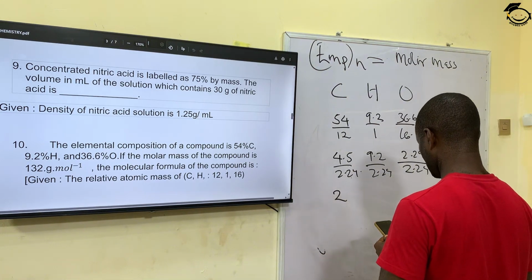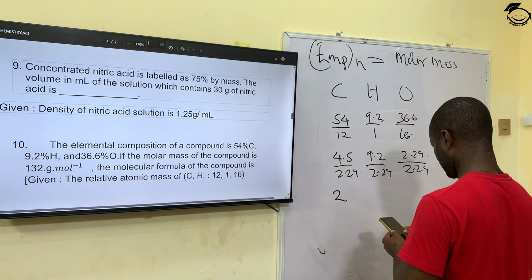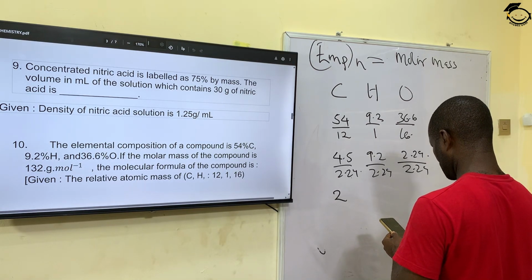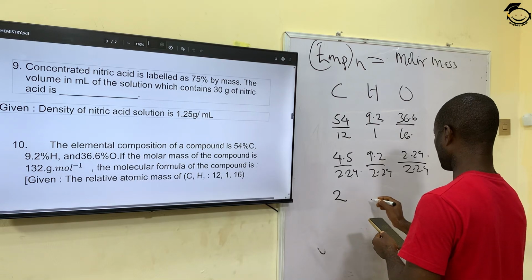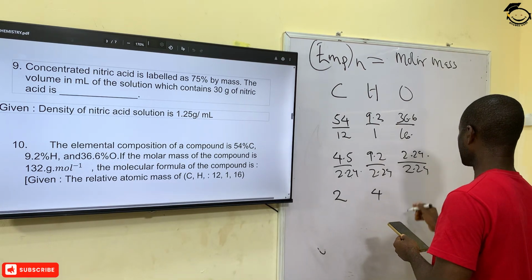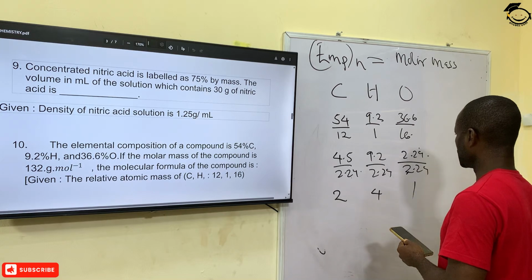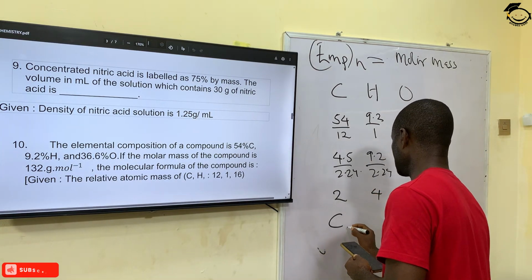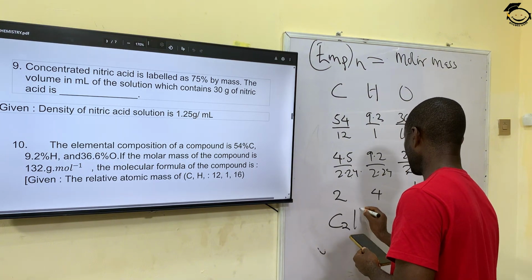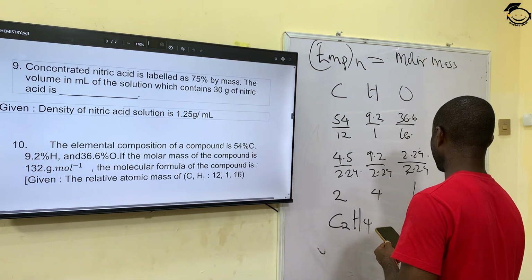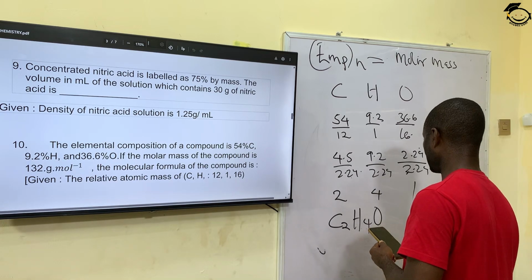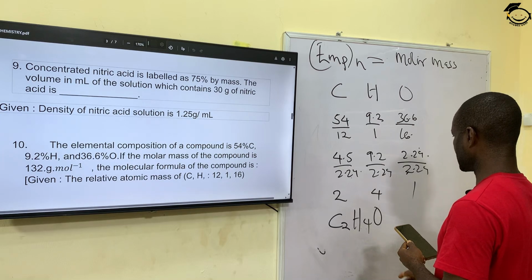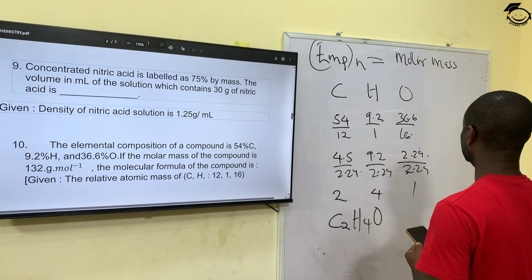This 9.2 divided by 2.29 gives us 4. While this one gives us 1. So we have the empirical formula as C2H4O, that is oxygen.